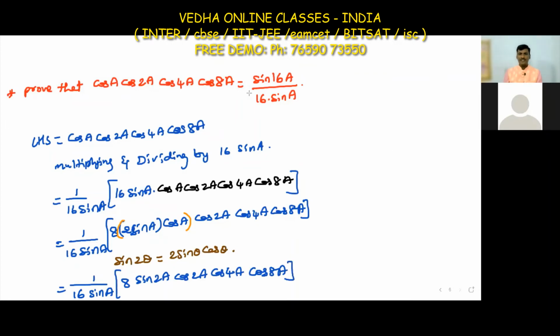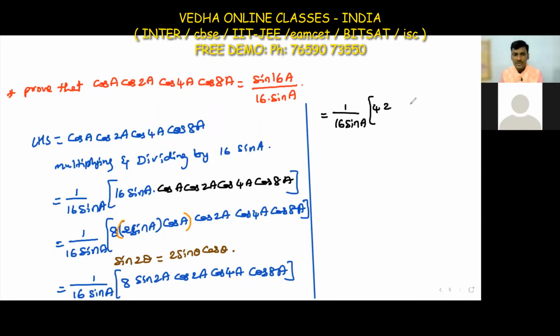After that, the next step: 1 divided by 16 sin A, I write as it is. This 8 sin 2A, 8 again I am writing as 4 into 2.